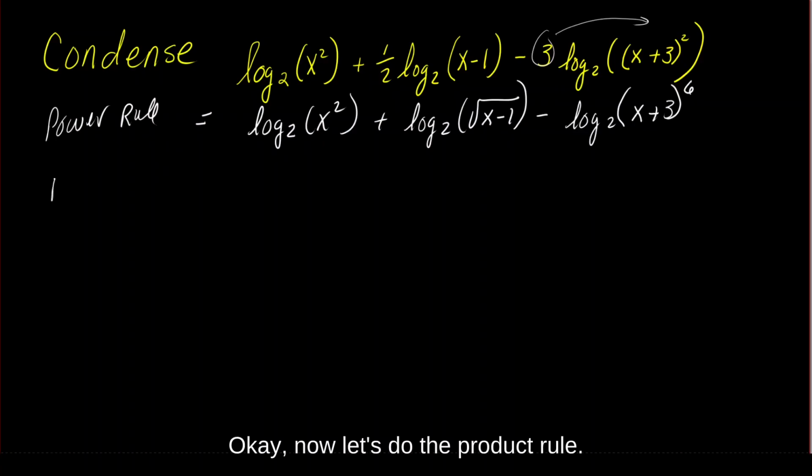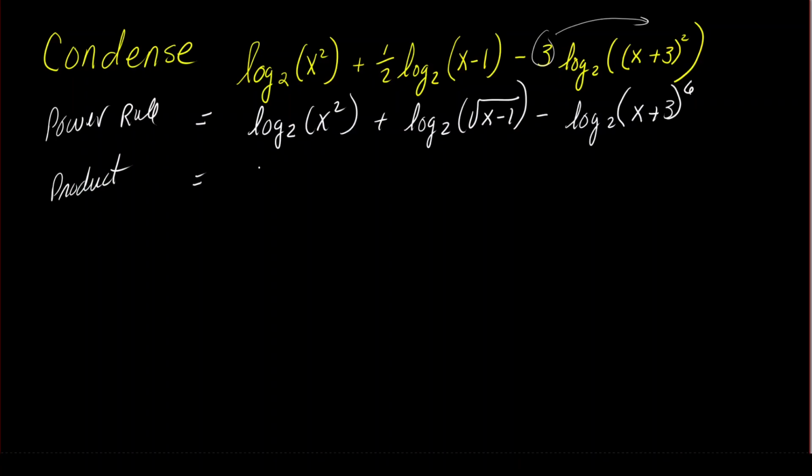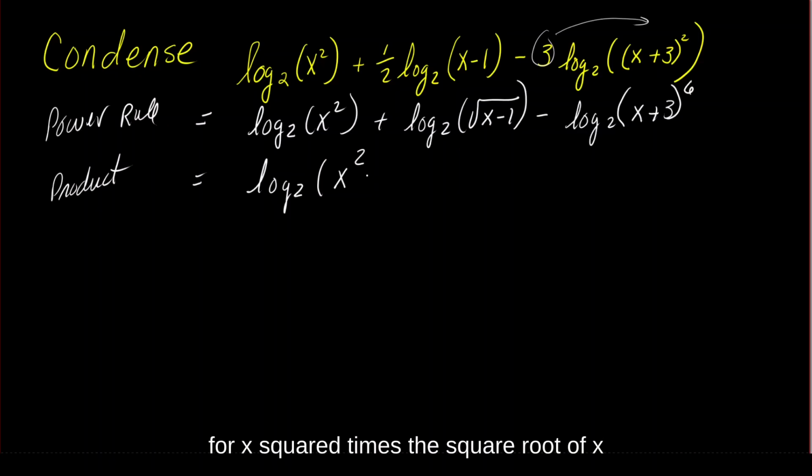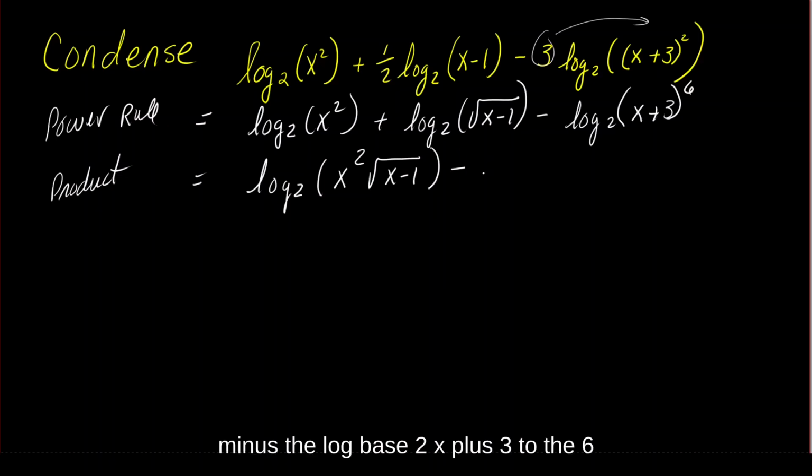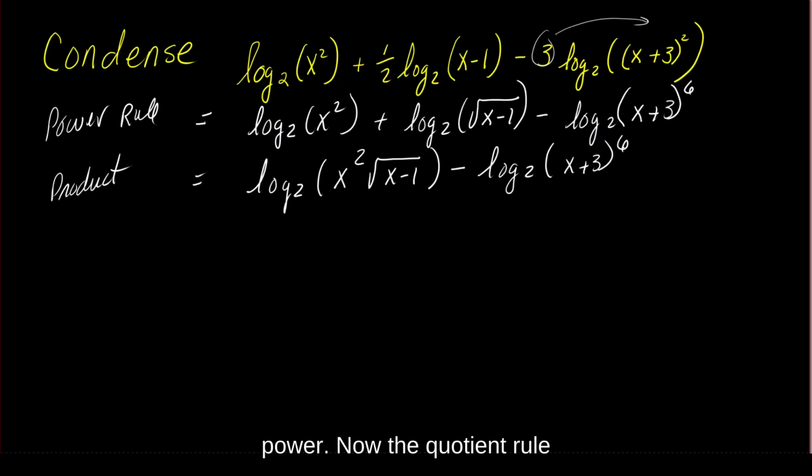Okay, now let's do the product rule. All right, so that'd be log base 2 for x squared times the square root of x minus 1, minus the log base 2 of x plus 3 to the 6th power.